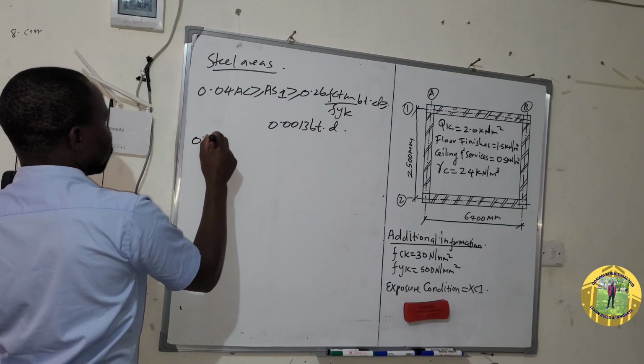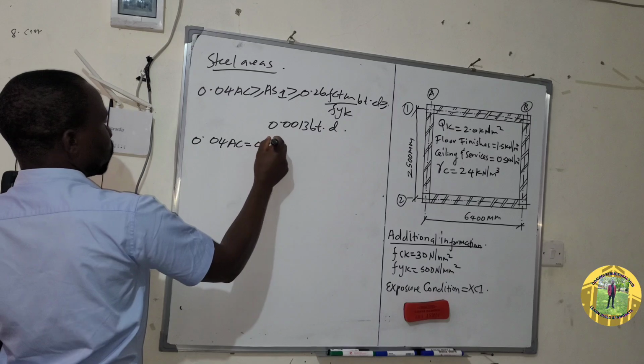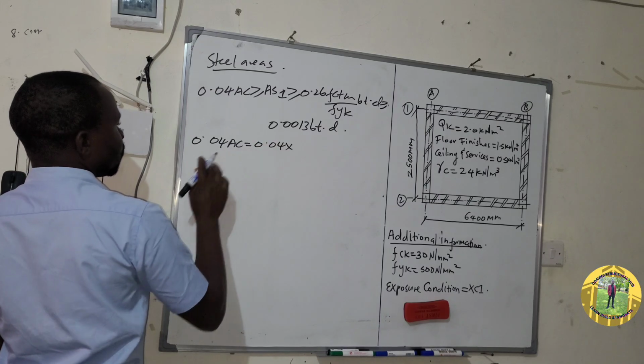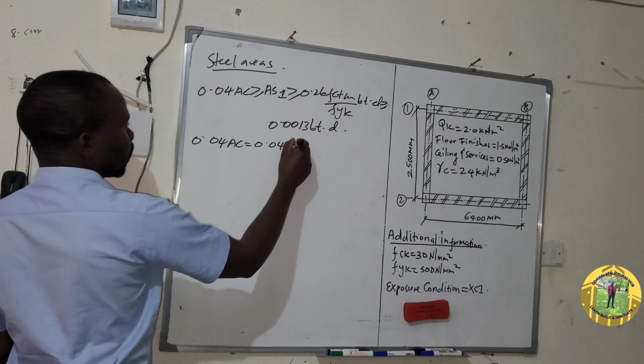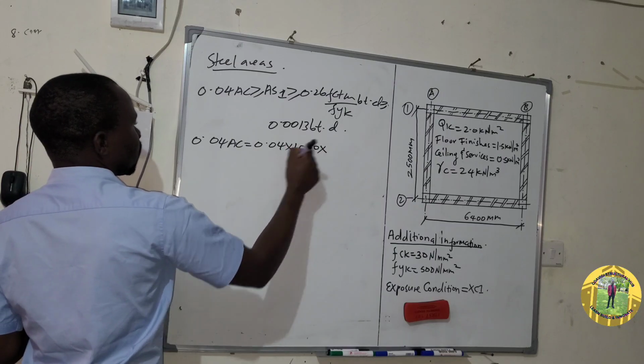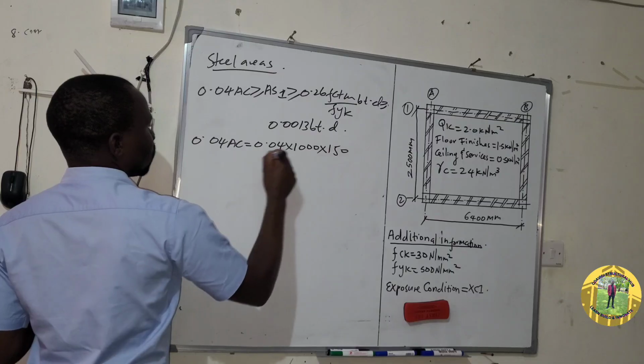So 0.04 AC, where AC is the area of the concrete, which will be 1,000, this is 1 meter, times H 150.